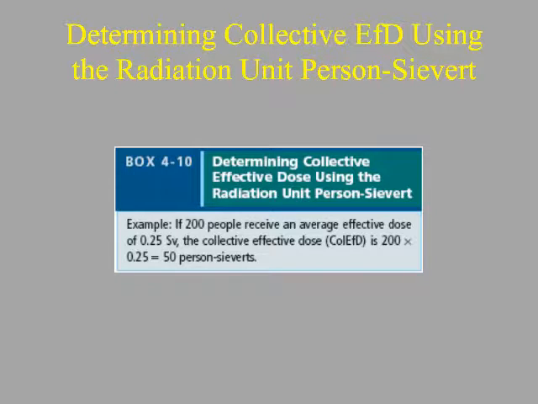So the important thing here is that as the population size grows, even if the dose remains the same, we see an increasing number of significance, right? So if this population that received this average dose of 0.25 grew to 10,000 people, it would be that much more significant because as that population responds as a whole, we could see an increased incidence of genetic mutation. And they're going to be able to share those genetic mutations.